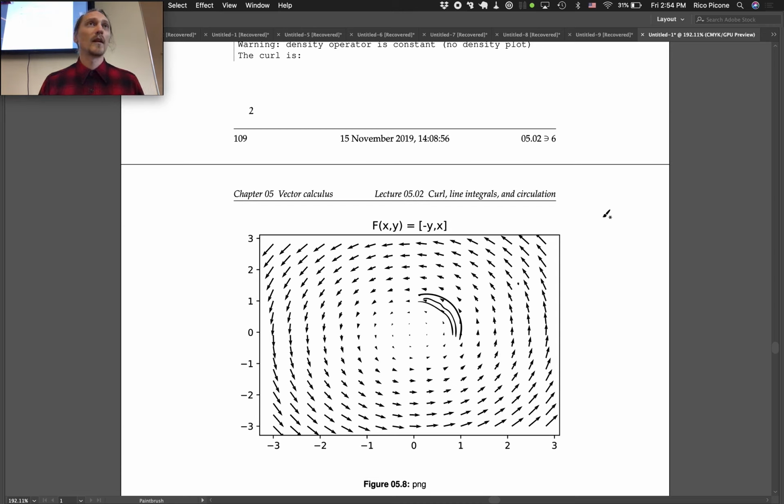Yeah, so curl shows up a lot in fluid dynamics. When you look at vorticity, it also shows up in mechanics. In solid mechanics, it shows up as the rotation of a body.